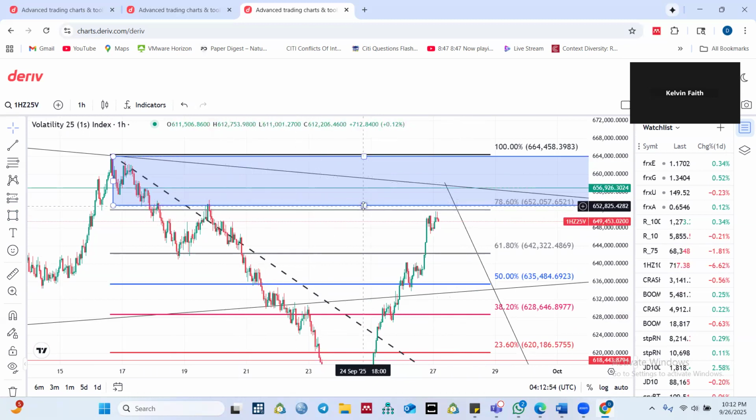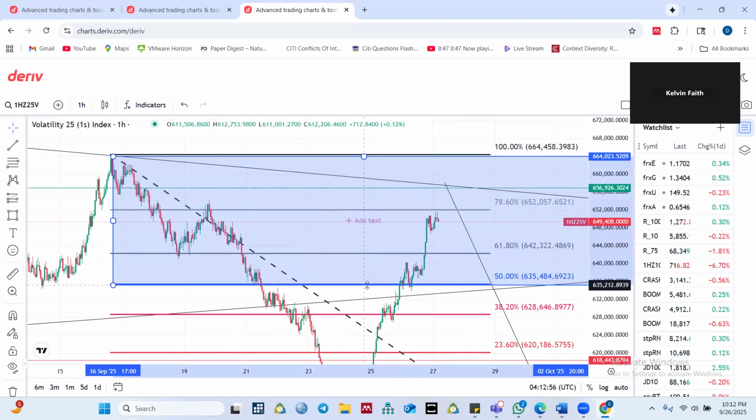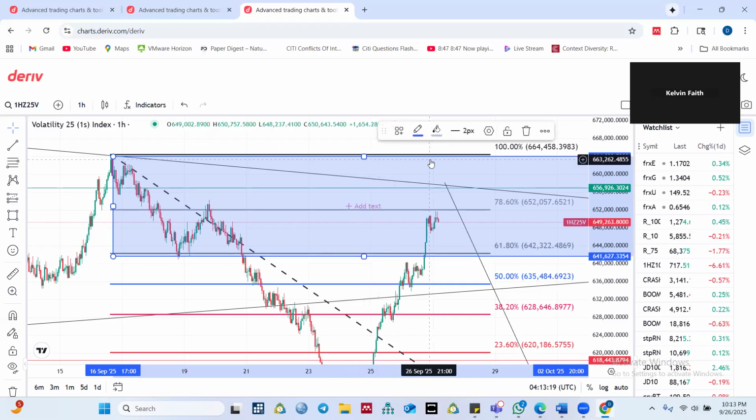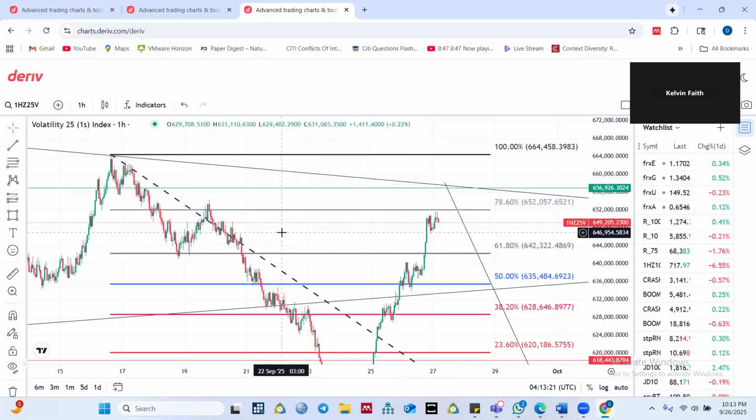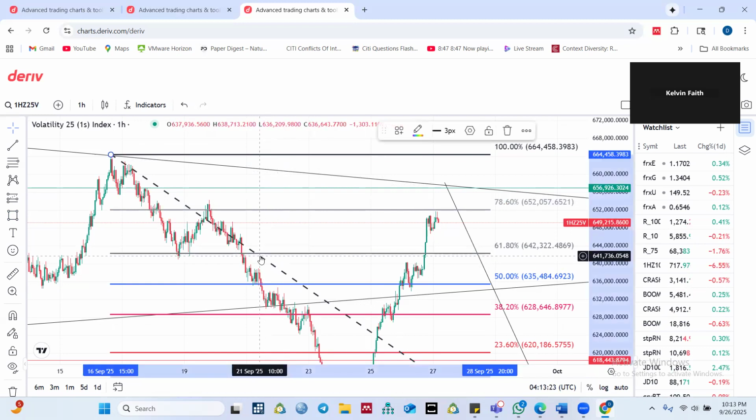But if we measure from where the first break of structure, the first pullback happened, we are still not at equilibrium yet. So it's likely we might not get that push to the 78.6% at the top. It's likely price might reverse just from here. Okay, so that's something to keep note of.